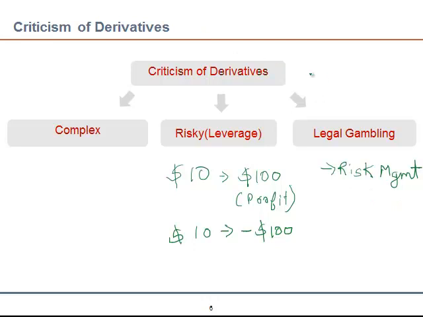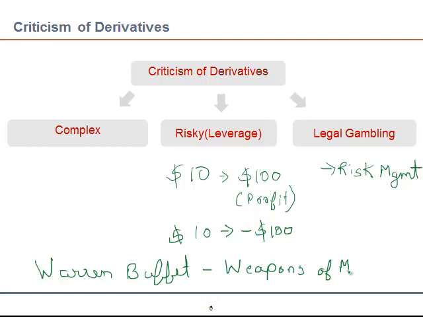But even though derivatives have lots of benefits, people like Warren Buffett have tagged derivatives to be weapons of mass destruction. So that is a huge blemish on derivatives. Anyway, that brings us to the end of this session.